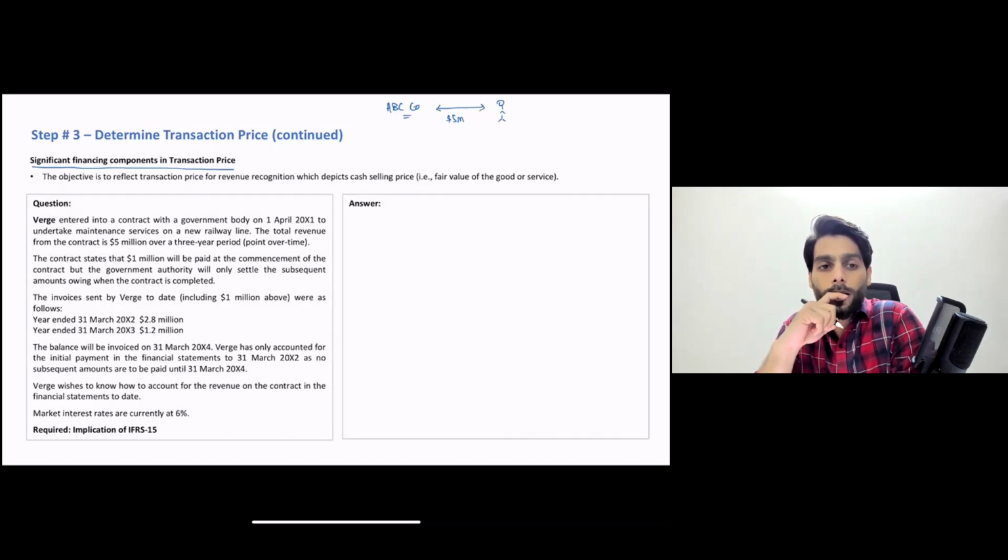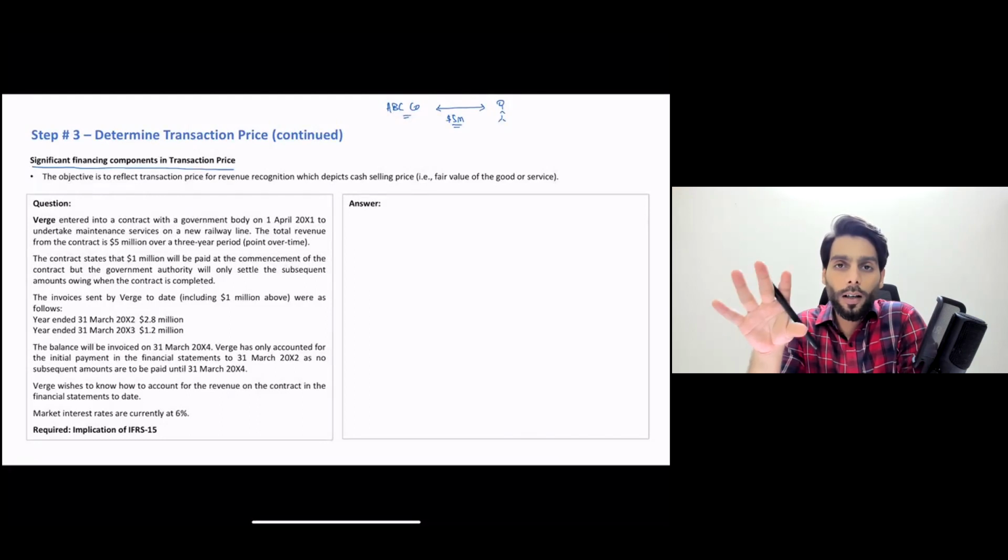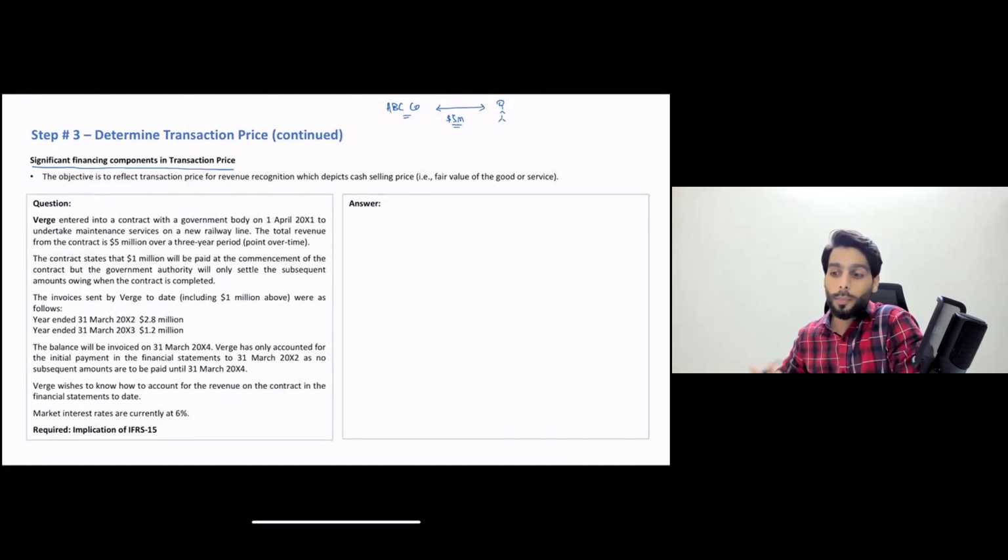And your customer reverts to you and says that, okay, I like your shopping mall that you have constructed, or I like your product that you have made, but I'll pay you $5 million after 2 years. The payment terms should be that I'll pay you after 2 years.